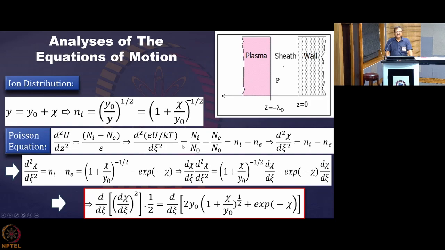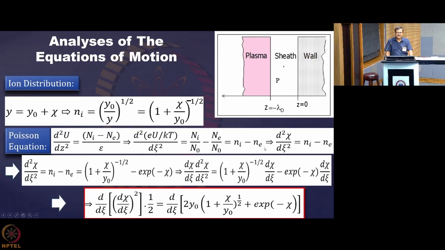Then this side you are getting Ni by N0 and Ne by N0. Okay. This Ni is divided by N0, and this is Ne divided by N0.